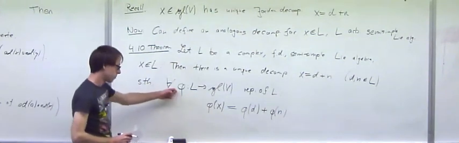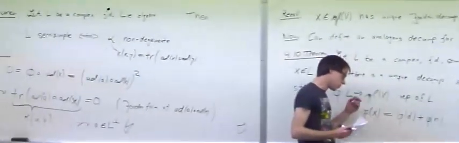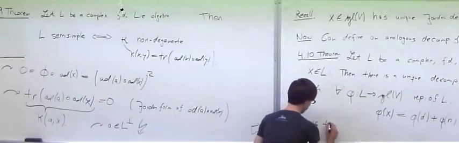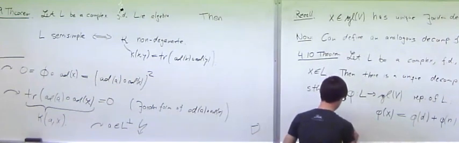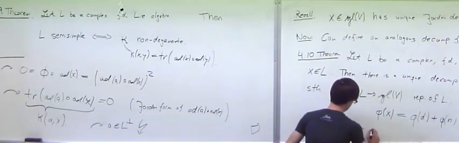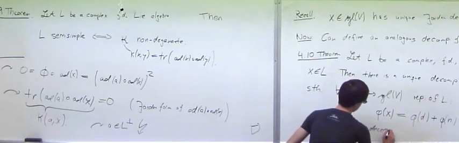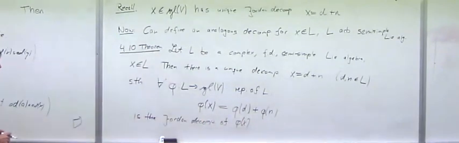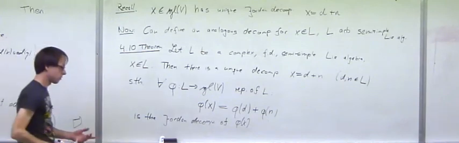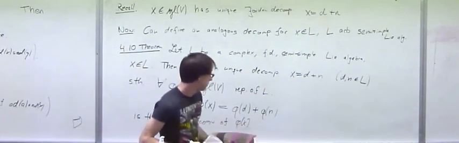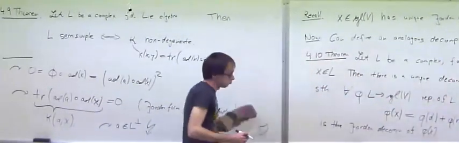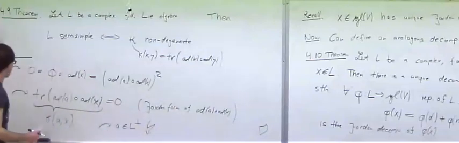So for any representation, I get a matrix. What's its Jordan decomposition? Well, I just take this one. So this is the Jordan decomposition of phi of x. So that's a very, very strong property. I can find this decomposition, and it works simultaneously for all representations of the Lie algebra.